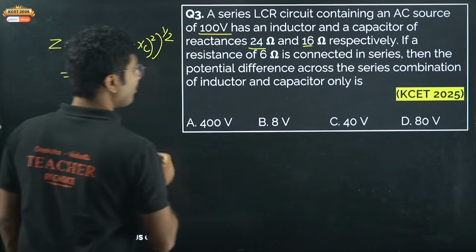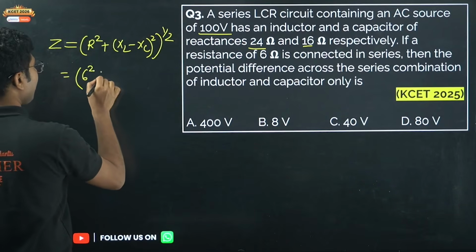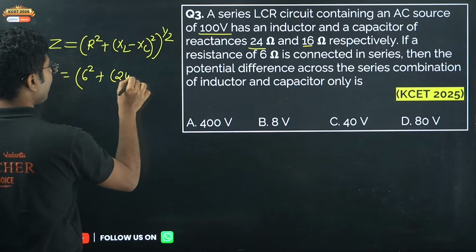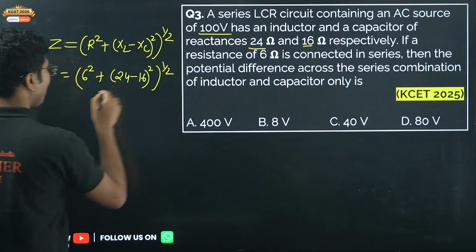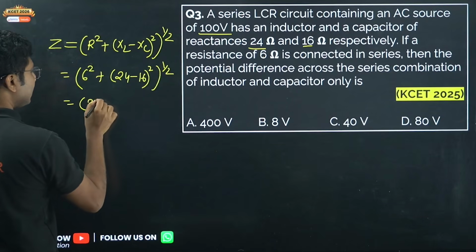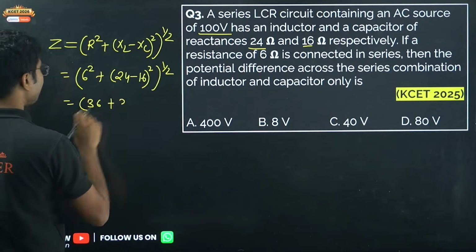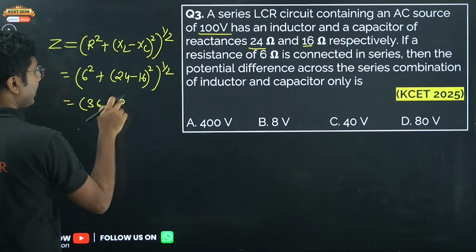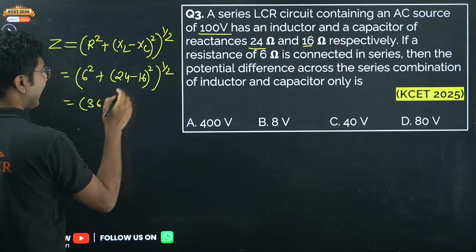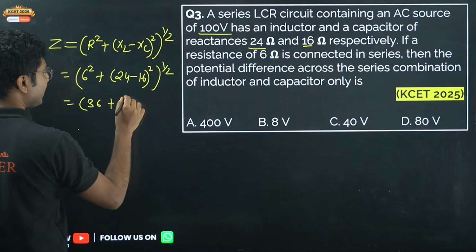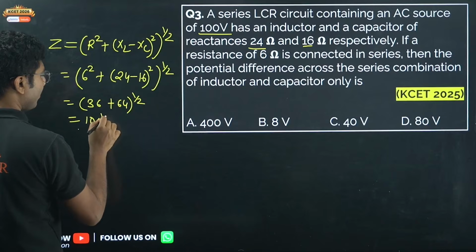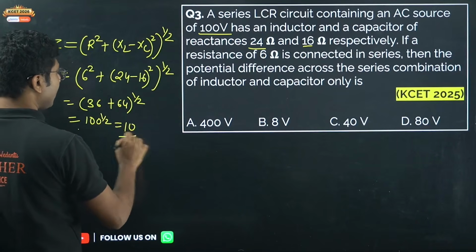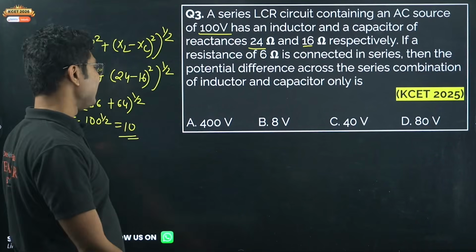So 6 ohm is 6 square plus 24 minus 16 whole square to the power half, or it will be 36 plus 64. 24 minus 16 is 8, 8 square is 64. So we get 100 square root, that is 10. So the impedance of the circuit we have calculated is 10.